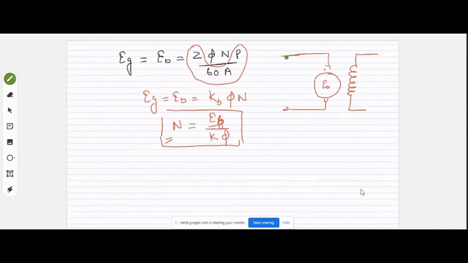When we apply a terminal voltage VT, because of which the current IA flows, if it is a separately excited machine with a different source, we can derive that VT is equal to IA RA plus EB, where RA is the resistance of the armature winding.